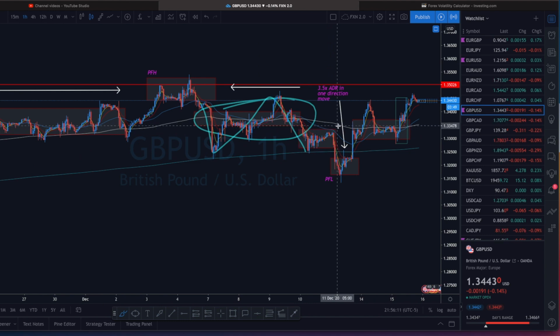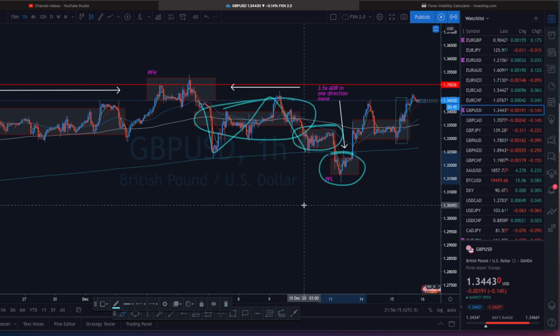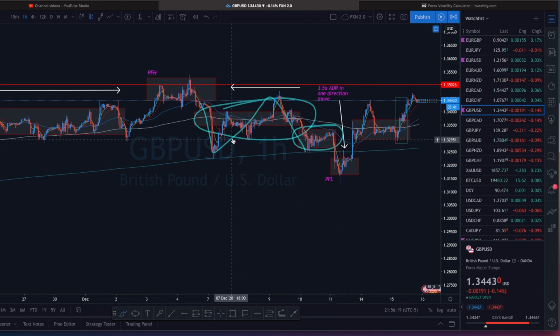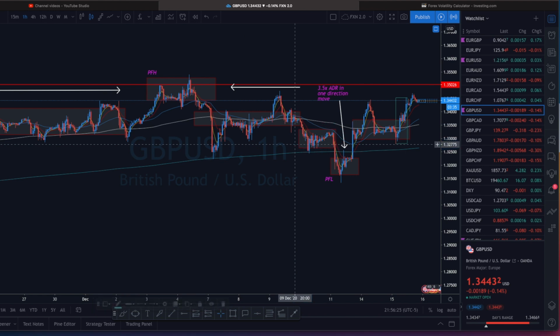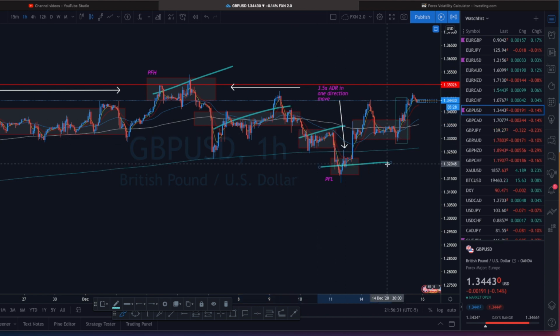You have clearly a smaller structure here, and then obviously this is another structure there. So out of that 407 pips, can you get 3 levels out of it? Yes, you can. Right? We got 3 levels. We have peak formation, level 1, level 2, level 3, or peak formation low, whatever you want to call it.